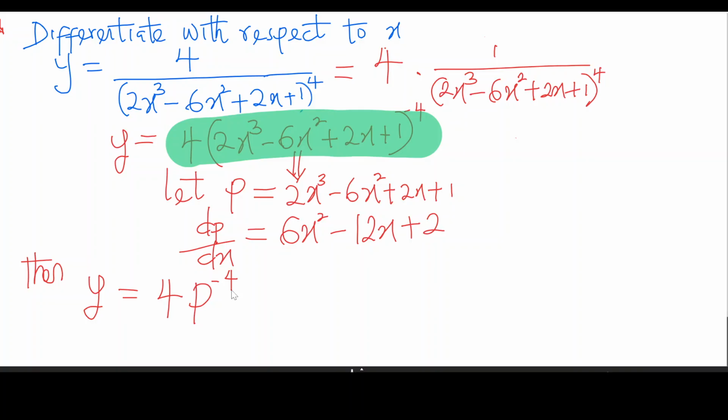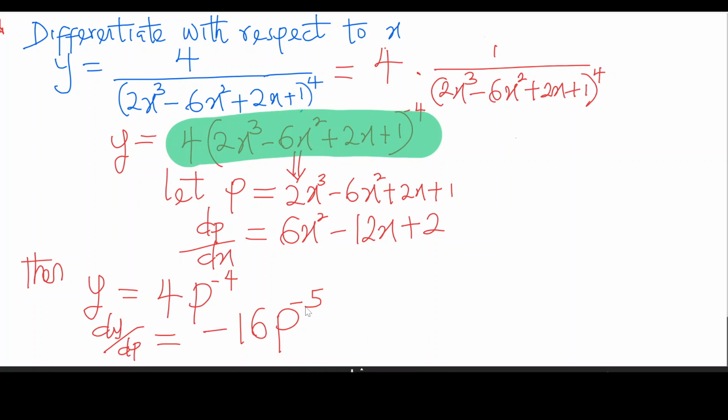So we can now have dy/dp equal to negative 16 p raised to the power of negative 5. So dy/dp is negative 16 p raised to the power of negative 5. And don't forget, we are going to get dy/dx.